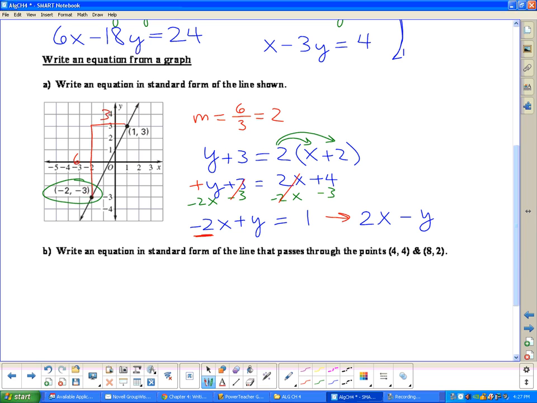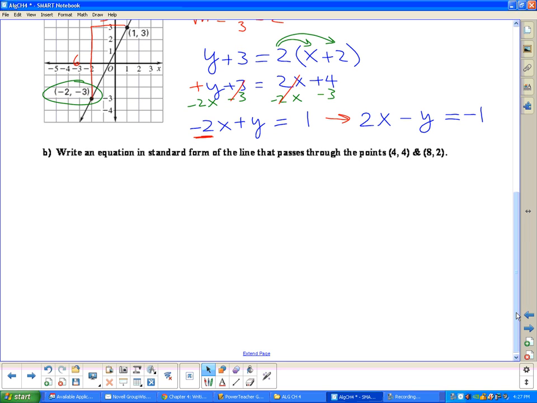All right, so this last one here, write an equation in standard form, the line that passes through these points right here. We're going to do the same exact thing. First, we're going to write it in point-slope form, and then convert it into standard form. So here I don't have a graph, so I'm going to have to use the slope formula. So 4 minus 2, and then 4 minus 8.